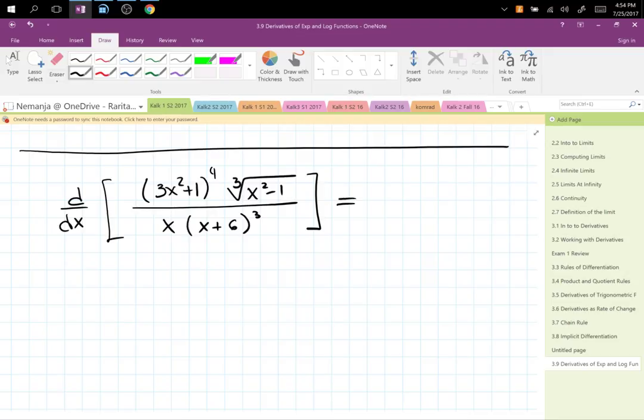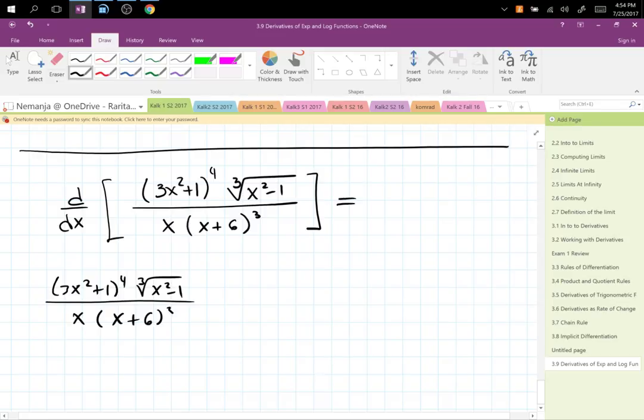you will say that the derivative of this is 3x squared plus 1 to the 4th times the cube root of x squared minus 1 divided by x plus 6 to the 3. I told you it's already factored, so the original problem factors out.